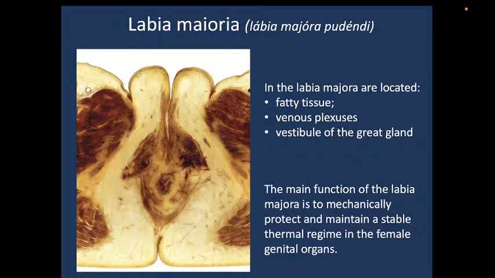And interesting that the skin of the labia majora is more pigmented and may differ in shade from the normal skin of the body. Usually it's a more pigmented area.